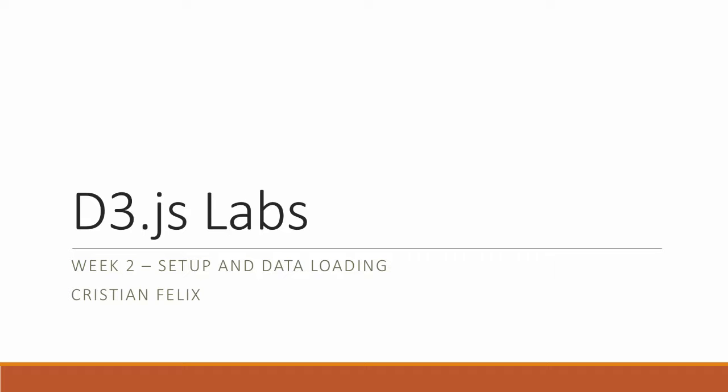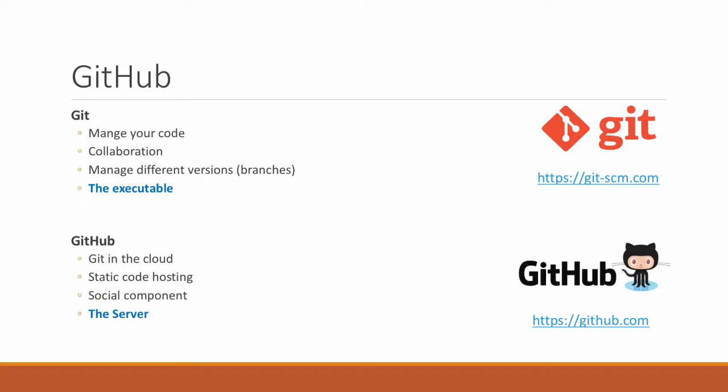I am Christian Felix, and today we're gonna talk about how to set up D3 and start loading data to our page. But first, I would like to talk really quickly about GitHub, because that will be the platform that you should use to upload your code.